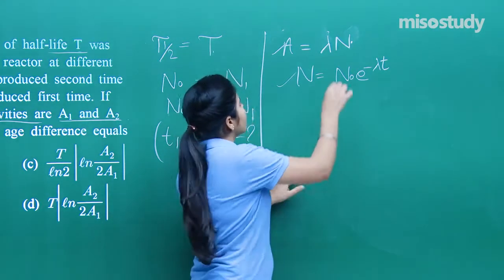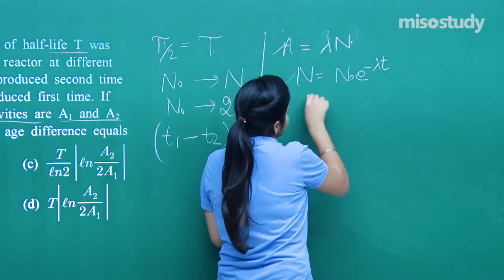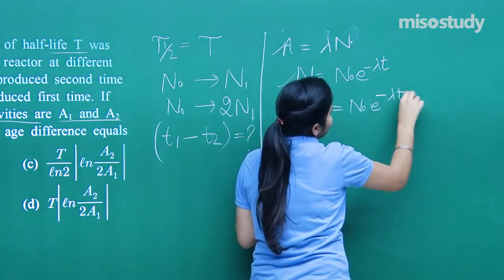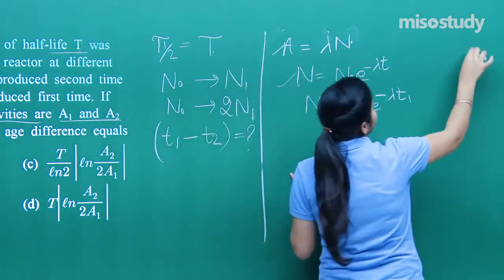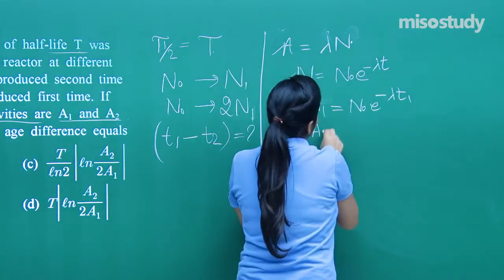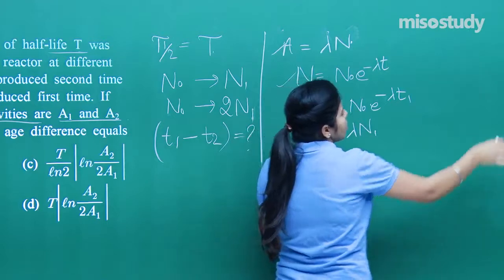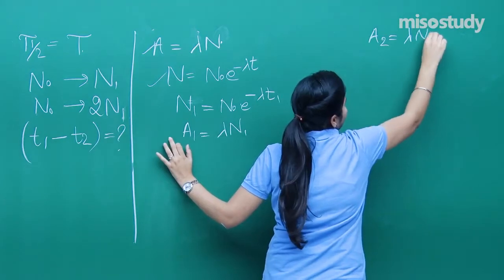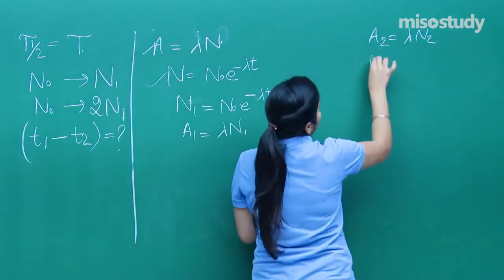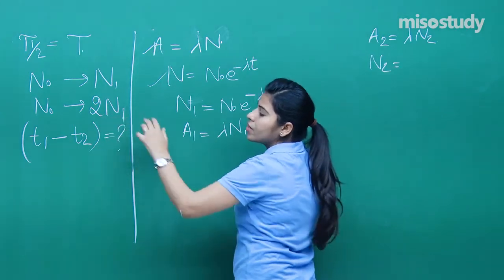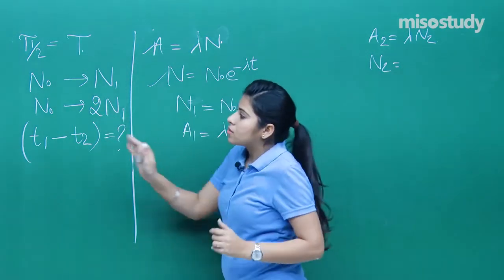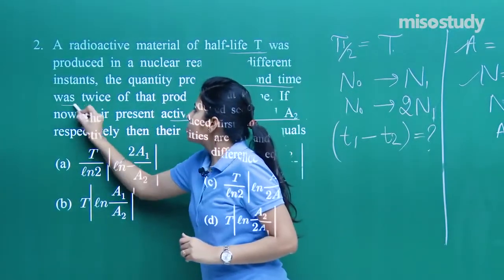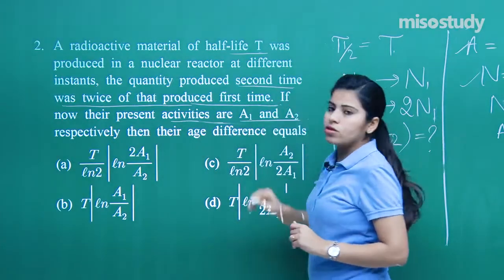Now, we know that N1 was N naught e raised to the power minus lambda T1, and for A1 we have A1 equals lambda N1. Now for A2, that will be A2 equals lambda N2. For N2 in this case, because we have written for the second case, just look back: second time was twice of that produced the first time.